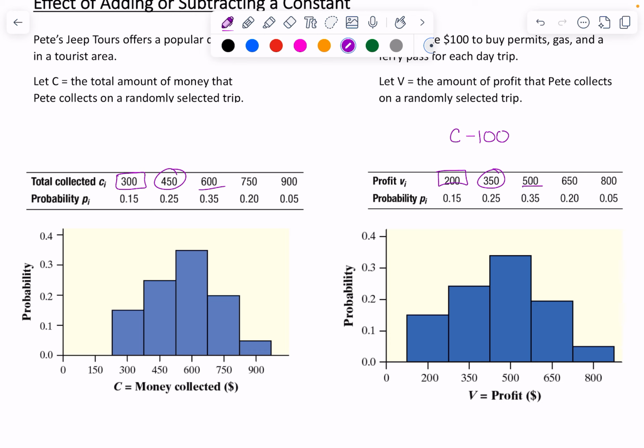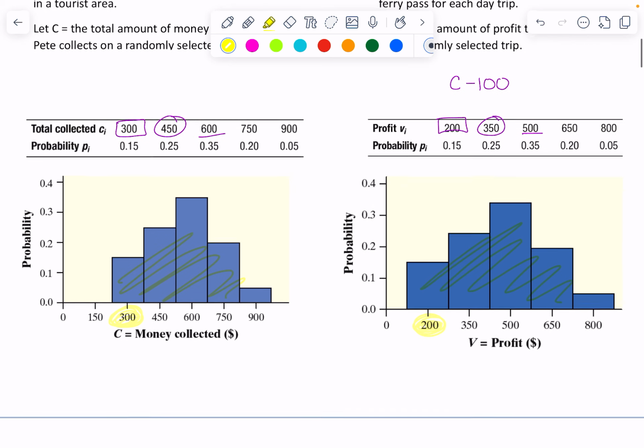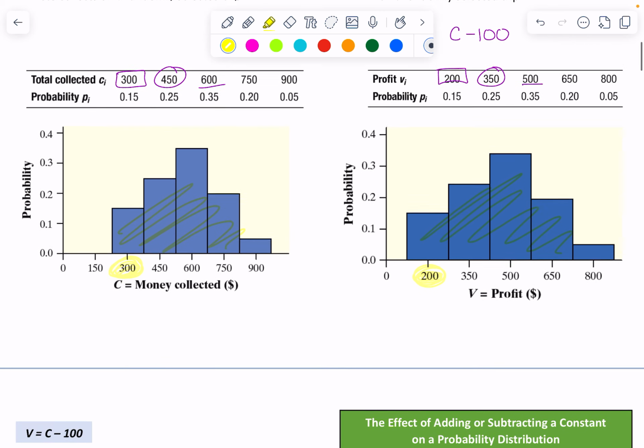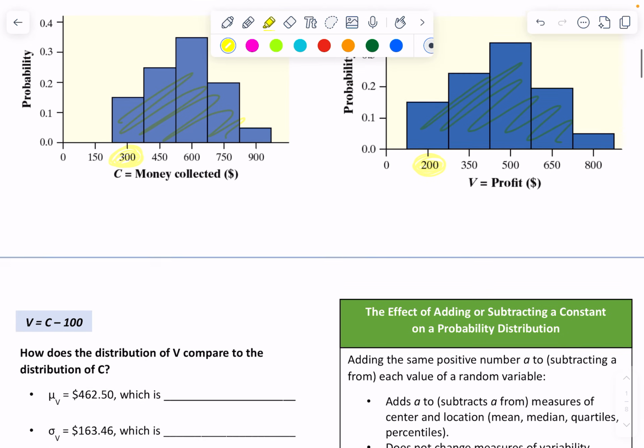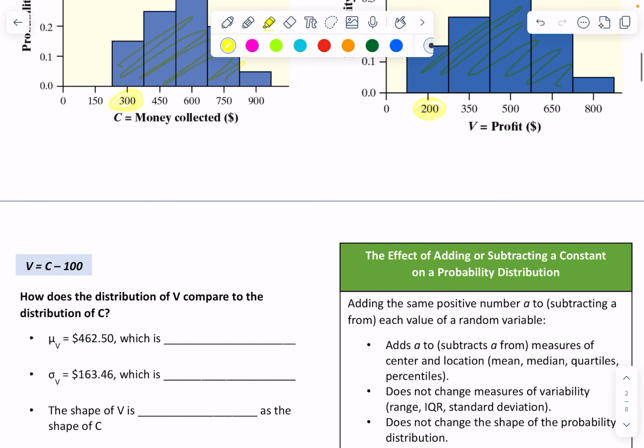This histogram over here looks the same as this histogram over here. Again, the only difference is that this one starts at 300 and the new one starts at 200. Okay, so we have the same effects that we saw before. The mean of our new distribution, just like before, is going to be the old mean minus 100.